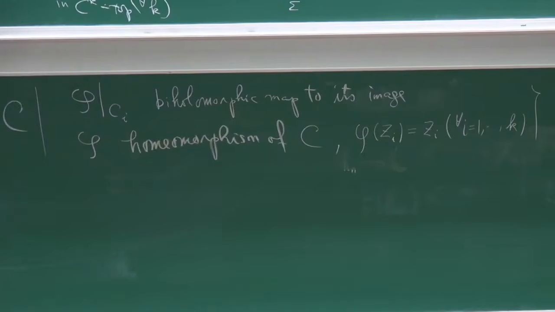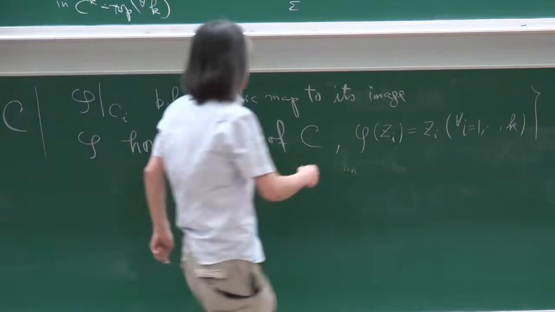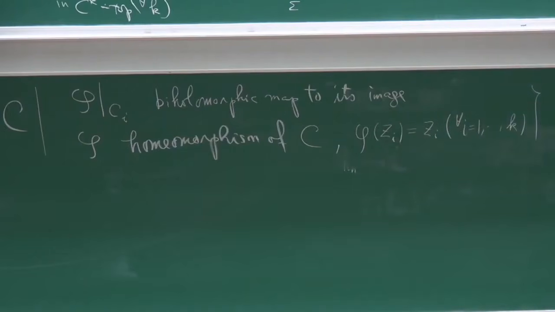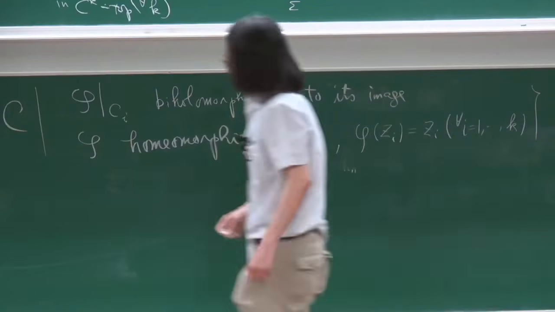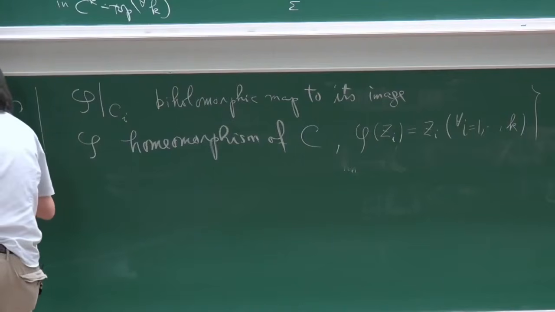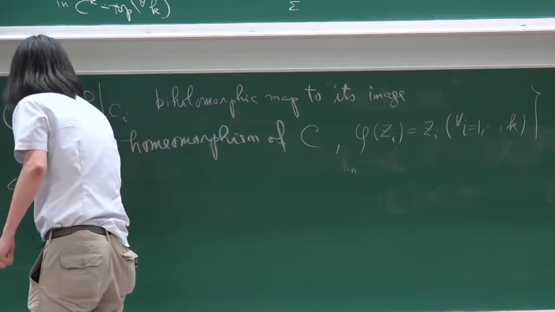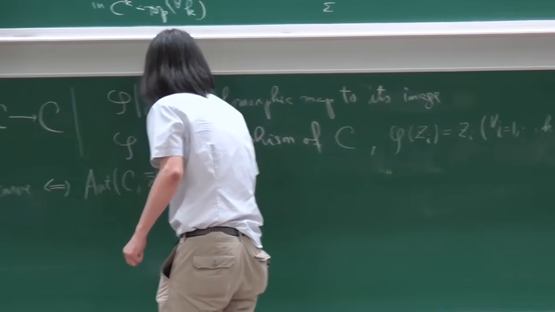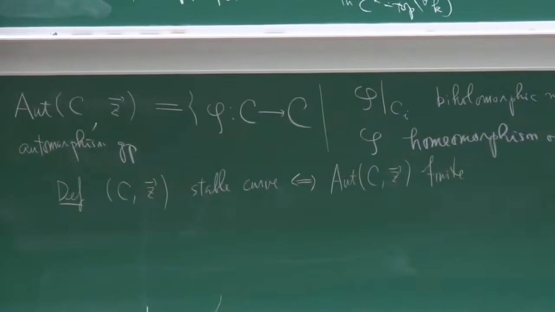So therefore, there is a kind of permutation of components and permutation of the nodal points, but marked points are just mapped to themselves. And so this is an automorphism. And then we say that the pair (C, Z) is a stable curve if and only if this automorphism group is finite. So this is the definition.